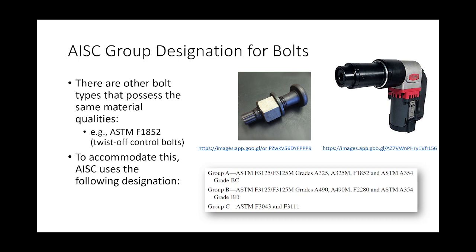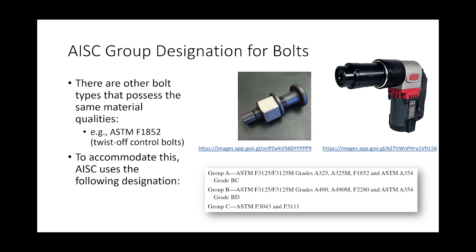So what AISC does, what the manual does, is it groups all of these common material grades into these groups. For instance, Group A includes A325, it includes twist-off control bolt F1852, and so on and so forth. And then there's Group B. Group B includes A490, F2280, and so on and so forth.